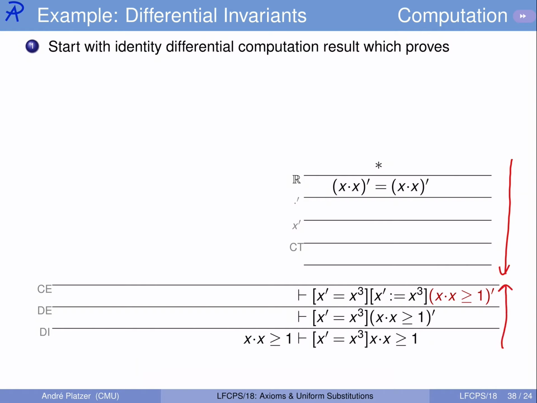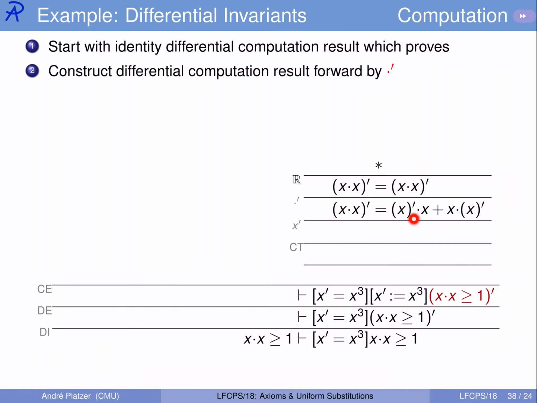We've been doing the proof backwards. We all of a sudden temporarily do a forward computation proof. So now we investigate this side and ask what it is equal to. Well, by direct use of the Leibniz differential rule, this is the same as x prime times x plus x times x prime, and then the differential of the variable is, of course, the same as the differential variable, period, so that's the same as x prime.